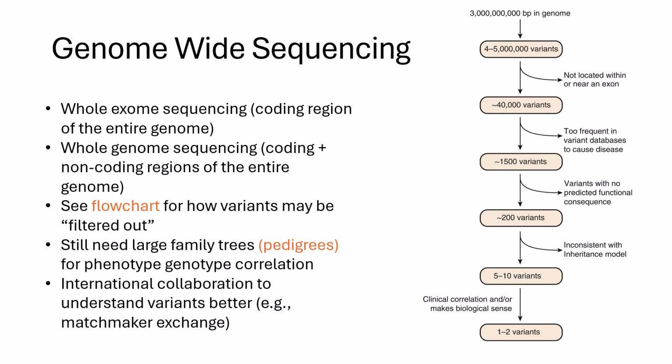There may be other people in other parts of the world who have sequenced variants in a similar way. If we collaborate with them, and they've also identified a similar variant for a patient with a similar condition, then there is more strength in the variant that you have found. So it's international collaboration and a lot of work in terms of trying to identify these disease-associated genes and variants.